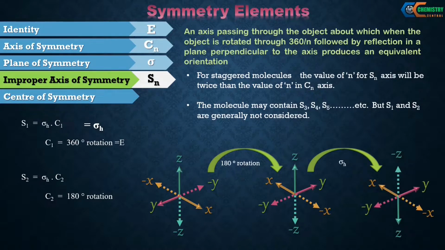So all the three space coordinates will reverse their direction after S2 operation, and this change in the direction of all three space coordinates is equal to another symmetry operation, inversion, which we will discuss in the next symmetry element.